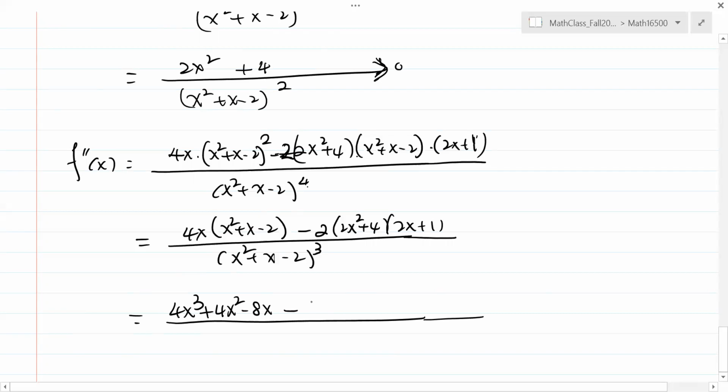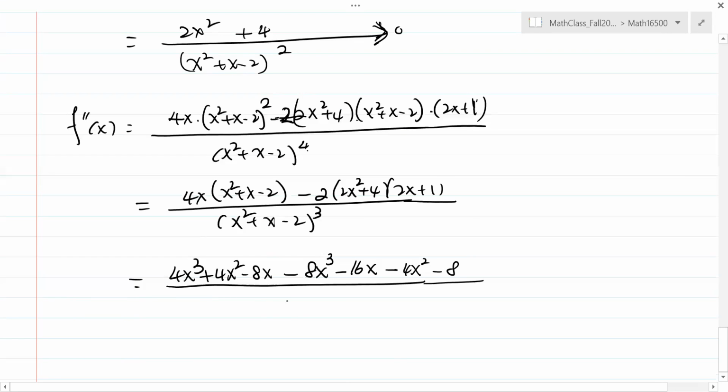2 times 2 times 2 is 8x cubed, minus 16x, minus 4x squared, minus 8. And negative 4x cubed, 4x squared is gone.